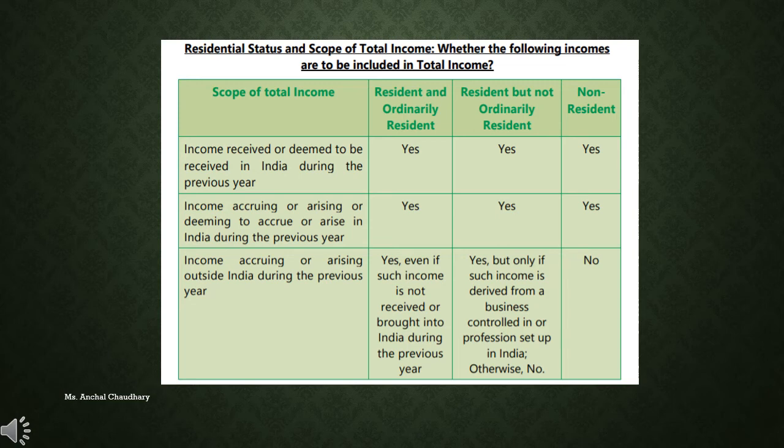In case of resident but not ordinary resident, the income will be taxable but only if such income is derived from a business controlled or a profession set up in India, otherwise no tax will be paid. And in case of non-resident, the person receiving that kind of income does not have to pay any tax on such income.